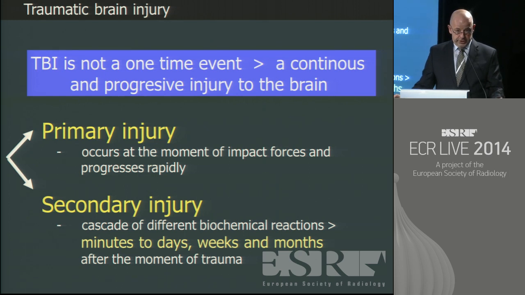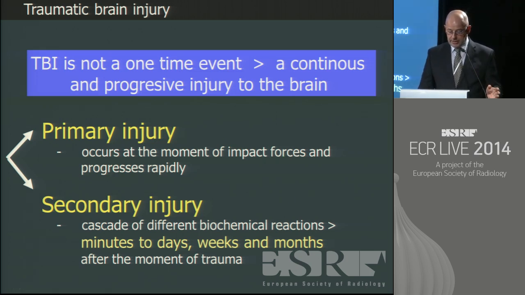One thing we have to be aware of is that traumatic brain injury is not a one-time event. It doesn't mean that what could have happened, happened just at the moment of the injury and everything is over. The primary injury is all the injuries that occur at the moment of impact forces and progresses rapidly. But at the same time, secondary injury starts.